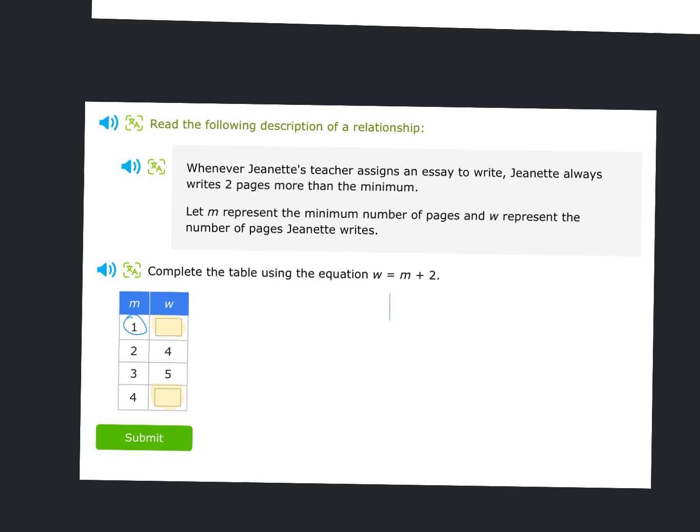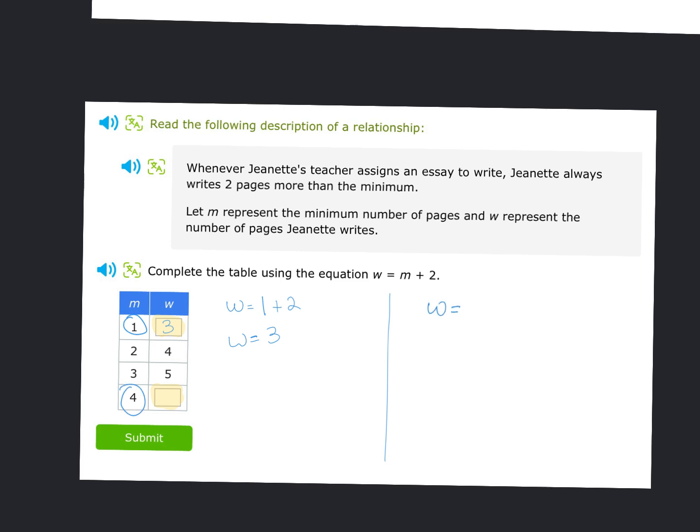So what I'm going to do is draw a line down the middle for however many things that I'm solving for. I want to create that many columns, and that's just how I do things. But just want to stay organized. So W is equal to 1 plus 2. So W is equal to 3. So I will write a 3 there. And then now I need to replace M for 4. So I'm going to do that on the other side.